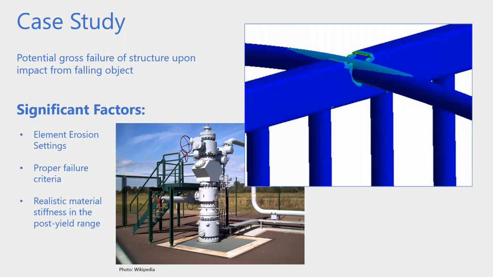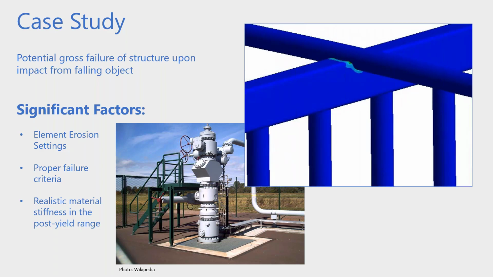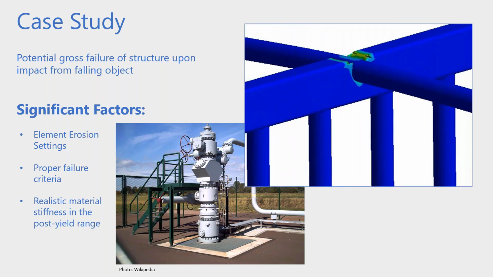The simulation that we performed showed them that while there is definitely penetration of that drill pipe into that frame structure, it is thick enough to arrest the momentum of that drill pipe, and we don't see gross failure in the form of that wellhead being impacted.